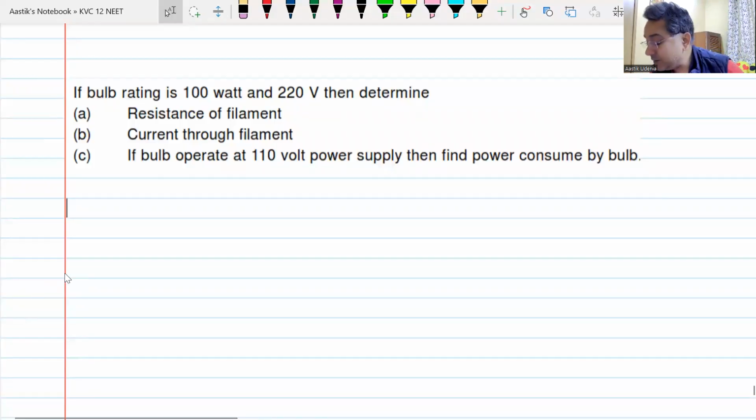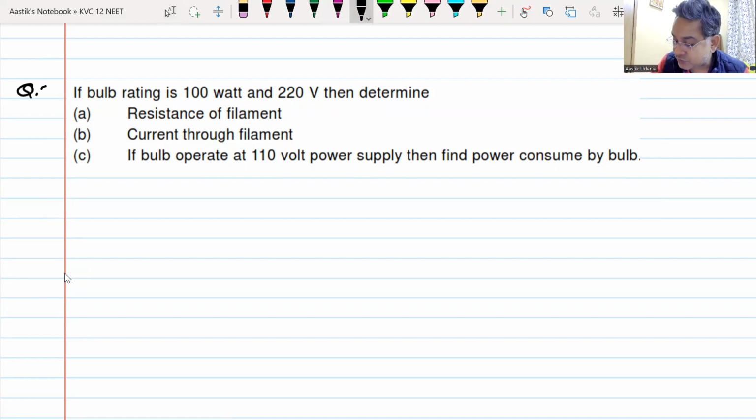Question number 2. A bulb rating is 100 watt, so basically 100 watt is the power and 220 volt is the potential difference across the bulb. Then determine three things.